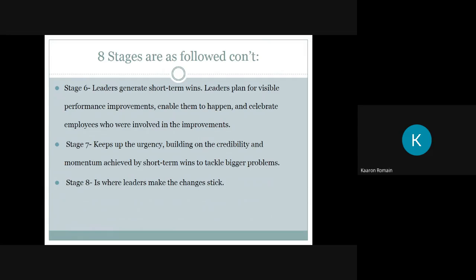Leaders plan for visible performance improvements, enable them to happen, and celebrate employees who were involved in the improvements. Stage 7. Keep up the urgency, building on credibility and momentum achieved by short-term wins to tackle bigger problems. Stage 8 is where leaders make the changes stick.